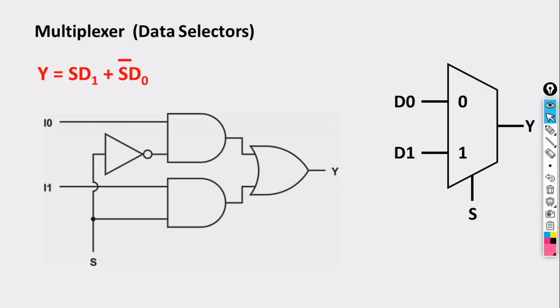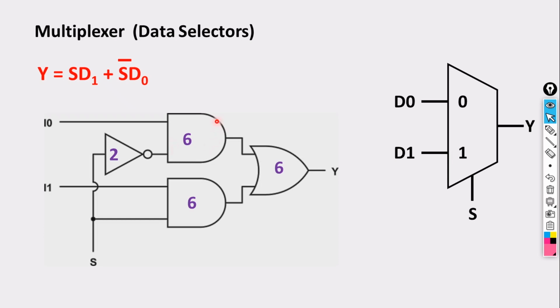Now this is our gate connection based on the Boolean expression. These are the two inputs D0 and D1, and the select line S, and based on that we have come up with this circuit. As we have seen, let's count how many transistors are required. An inverter requires 2 transistors, and an AND gate requires 6, because the pull up and pull down regions of the NAND gate itself require 4 transistors.